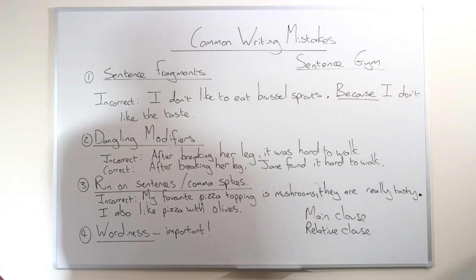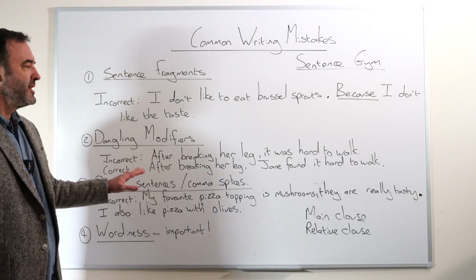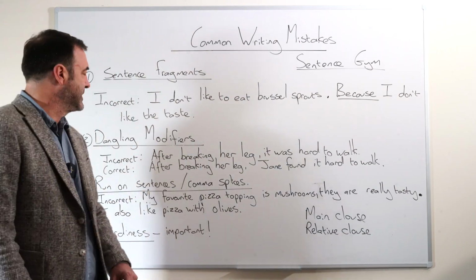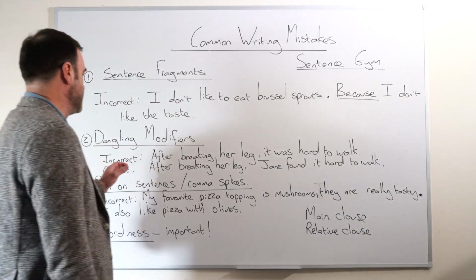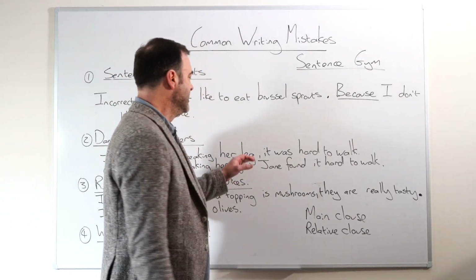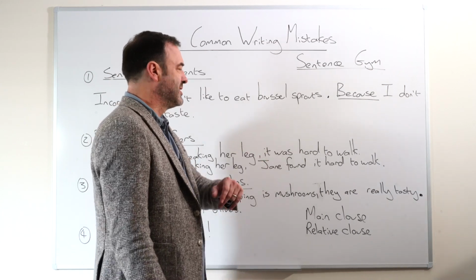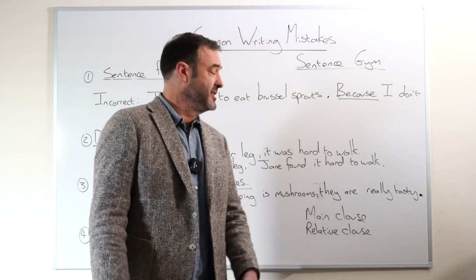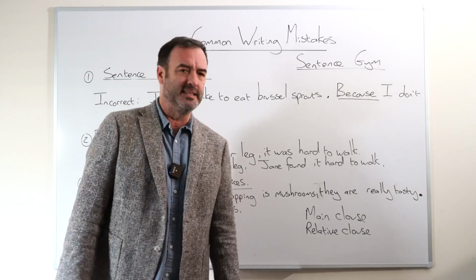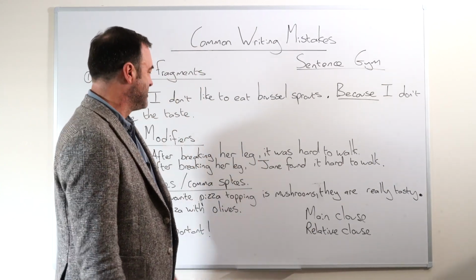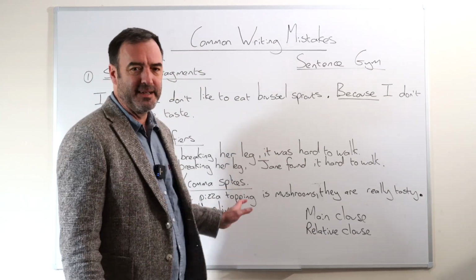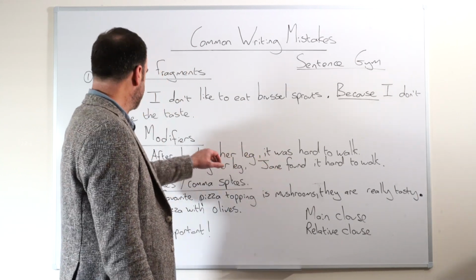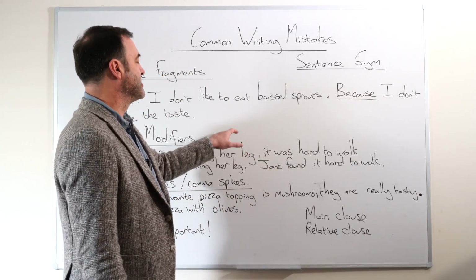So next thing is something that is incorrect, but at first glance you might think, what's wrong with that? So dangling modifiers, incorrect. After breaking her leg, comma, it was hard to walk. Now, in day-to-day speech, in conversation to each other, that might make perfect sense, because as intelligent beings, we understand the context of how this is being spoken, and we know that this is relating to the person who broke their leg.